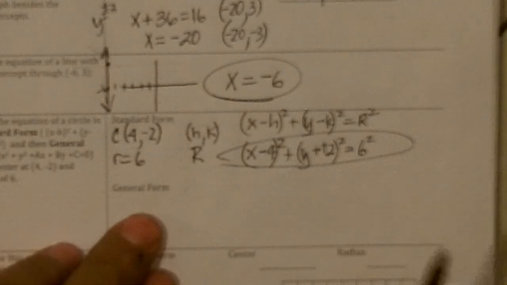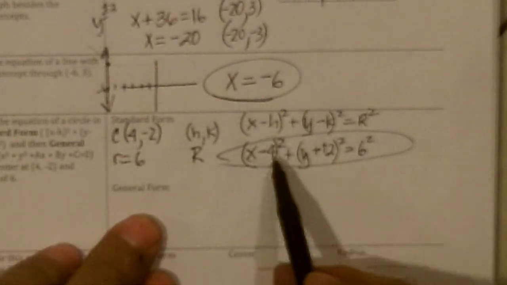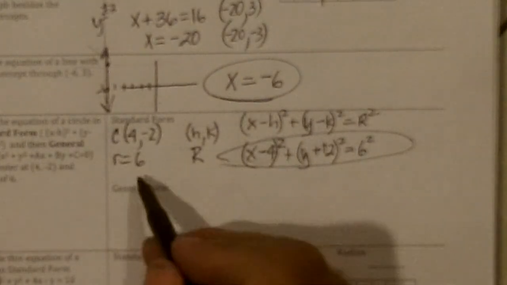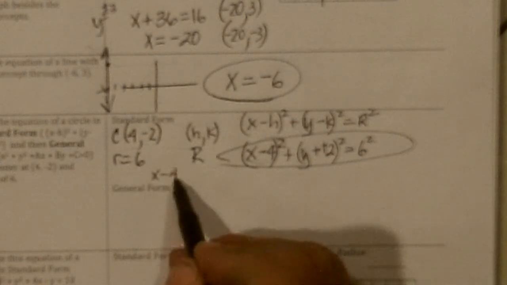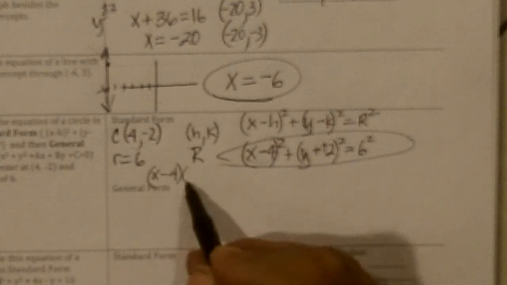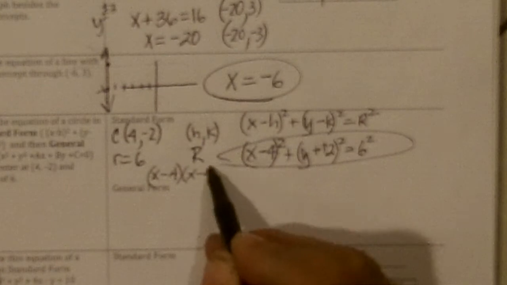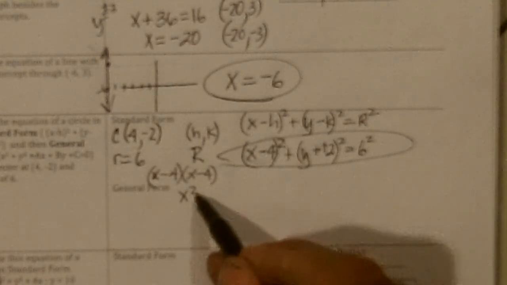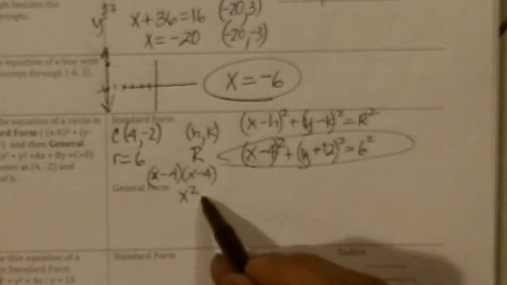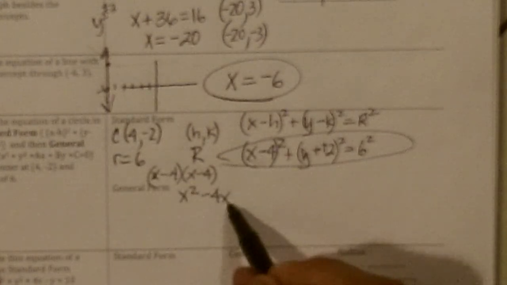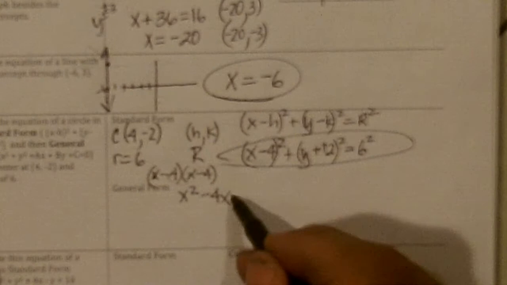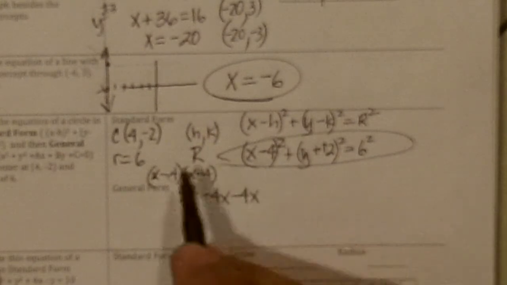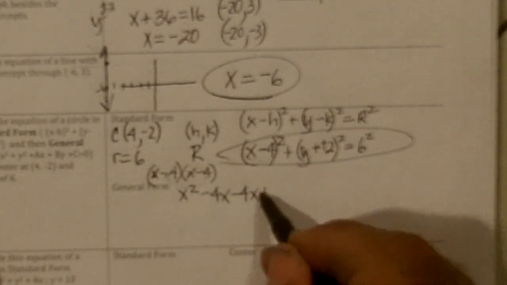Now to get the general form, we're going to actually square these. So (x - 4)(x - 4) gives x squared, minus 4x, minus 4x, plus 16.